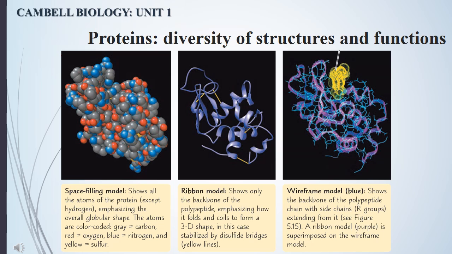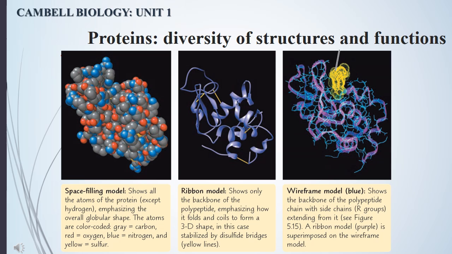And this emphasizes the globular shape. And there are certain color codes. In this particular case, gray for carbon, red for oxygen, blue for nitrogen, and yellow for sulfur. And this holds true, but of course there are other molecules that are involved that are probably less prevalent.